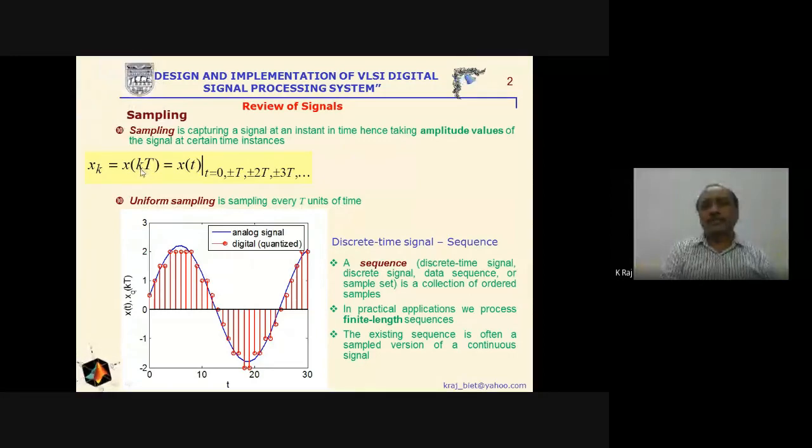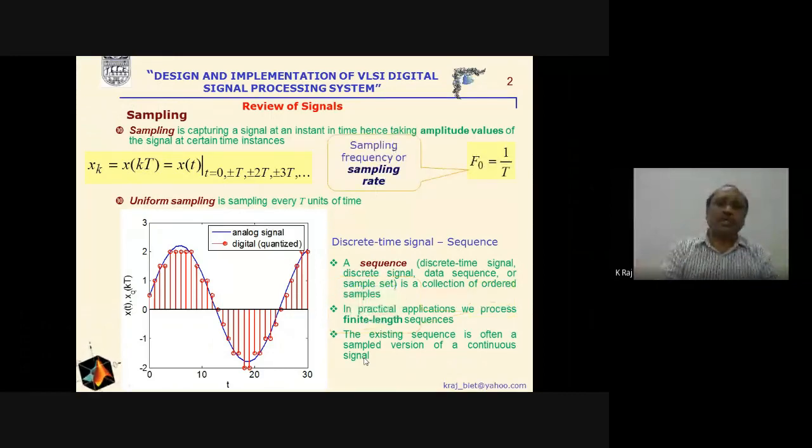K is also known as the iteration. So for a particular algorithm, whatever is the value of k, so many iterations will be repeated in order to complete that algorithm. In order to complete the algorithm, k must be finite. That's why in practical applications we process finite length sequences, and the existing sequence is often a sampled version of a continuous time signal.